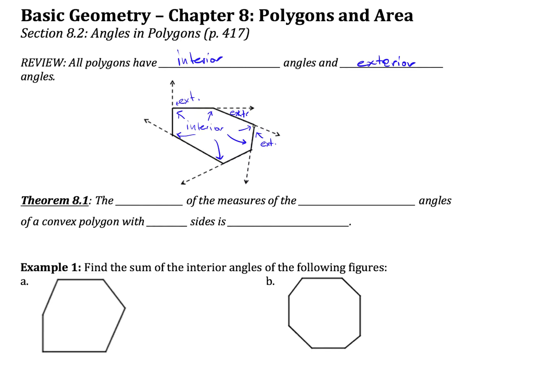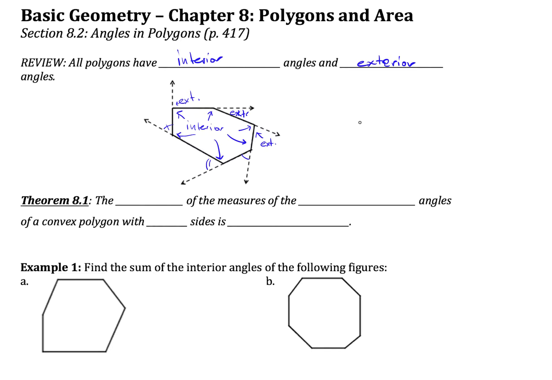If I extend each side in one direction at each vertex, then you'll create the same number of exterior angles as you have interior angles for your polygon. So in this hexagon we can see we have the six interior angles here, and then 1, 2, 3, 4, 5, 6 exterior angles right there.